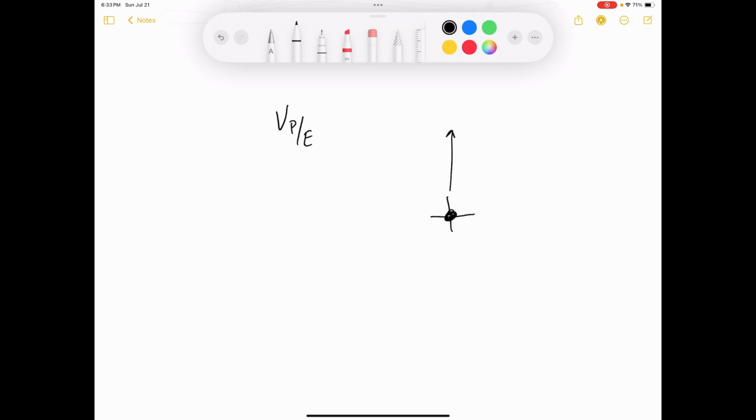Okay, so he's running due north. That's the direction, and let's say he was running at 5 meters per second. So that's the magnitude. The direction is north. Great. So that's the velocity of the person relative to Earth. So we have a stake in the ground. That's our origin. And then the person is running away from that origin.